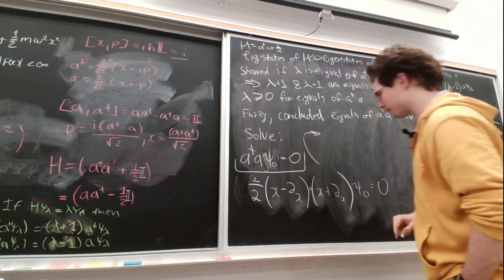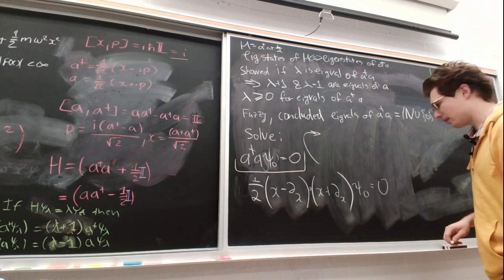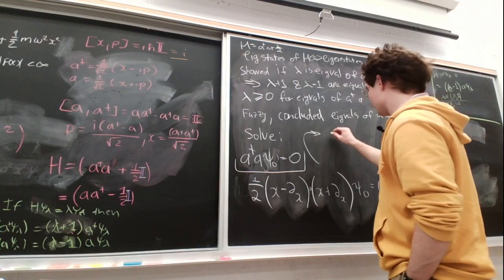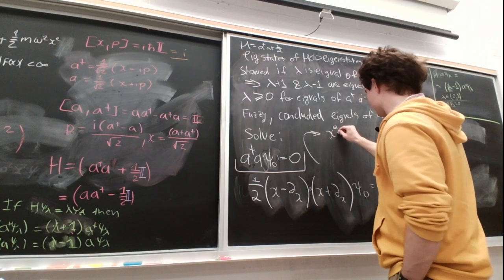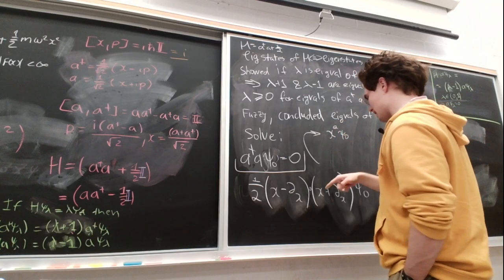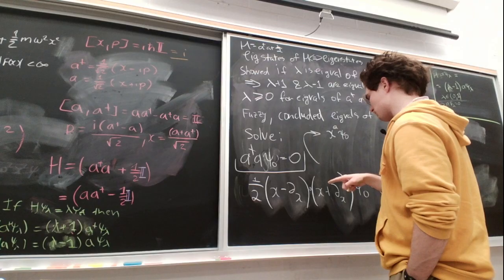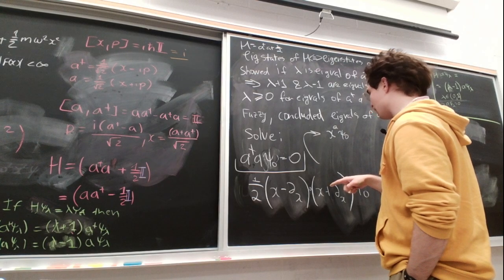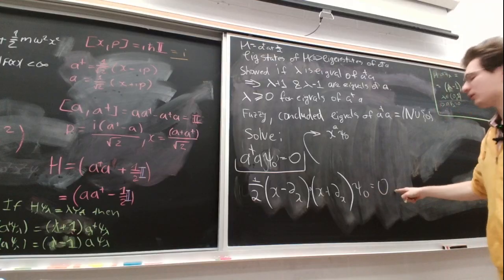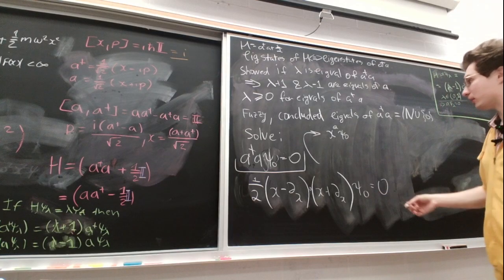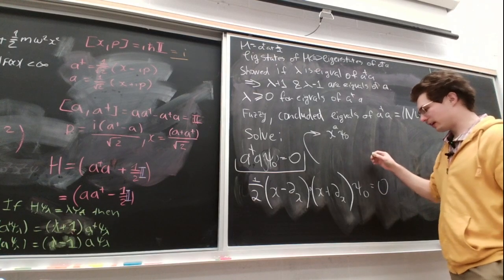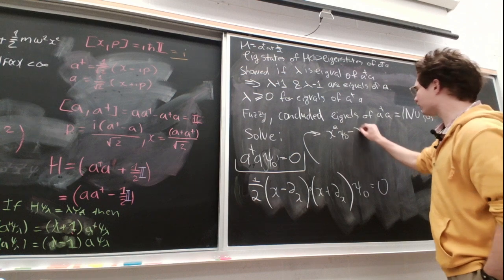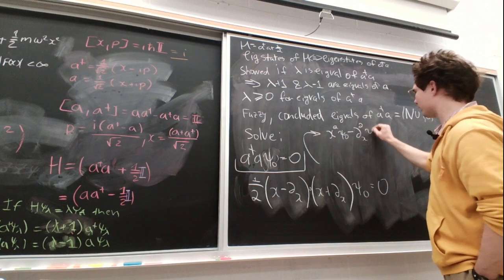I want the idea to be conceptually clear. So let's expand this. I have x squared psi naught. What about the 1/2? Oh, I forgot the 1/2. It's equal to 0, so I can multiply by 2. So I have x squared psi naught minus partial x squared psi naught.